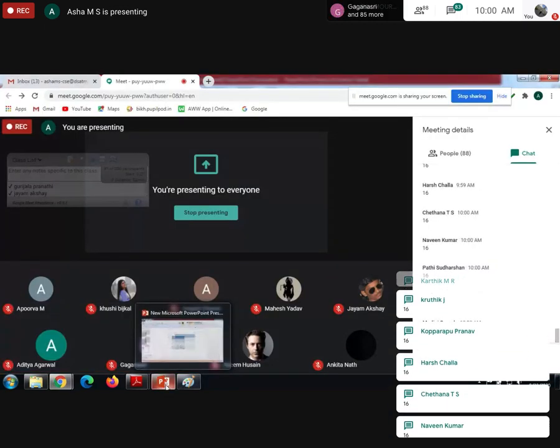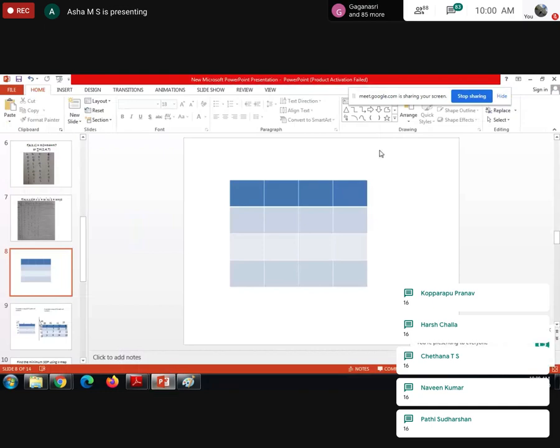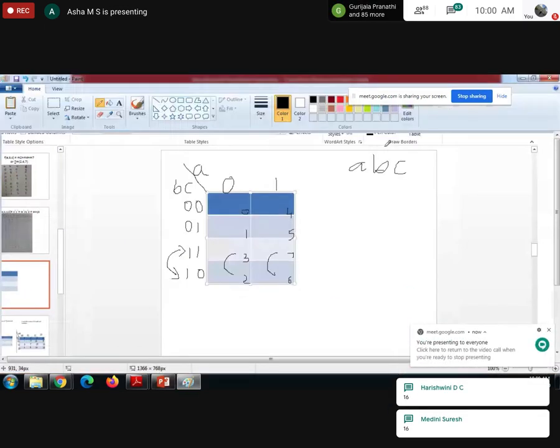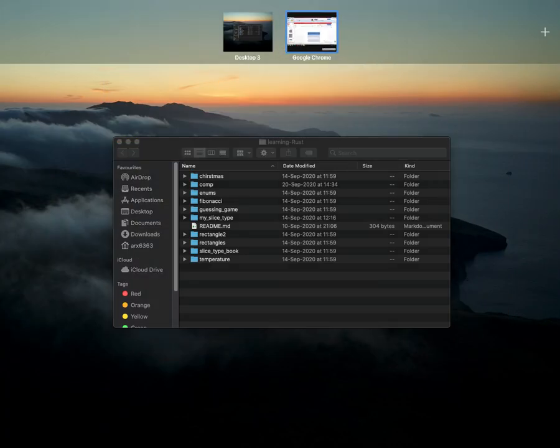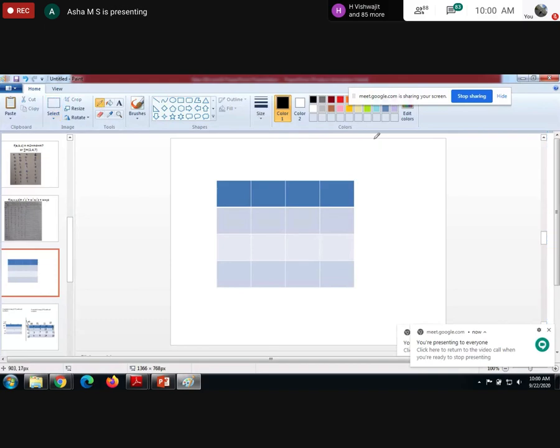So we require 16 cells for the K-map. Here we have 16. So 4 variables are A, B, C, D. Here I will take the 2 variables A, B, and here I will take C, D.